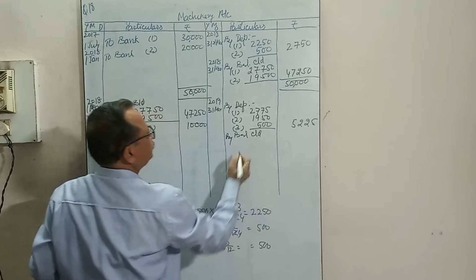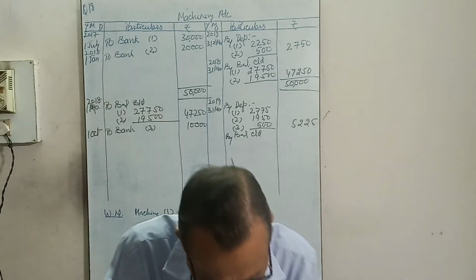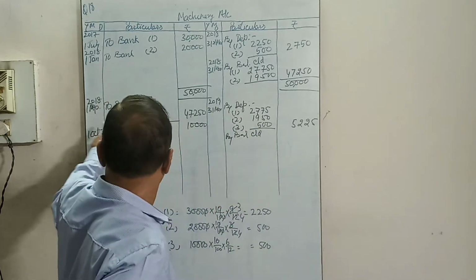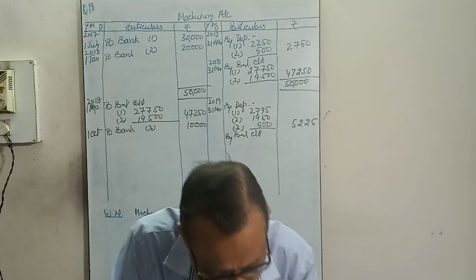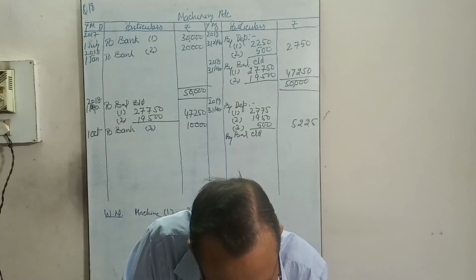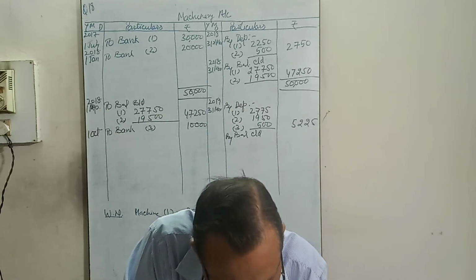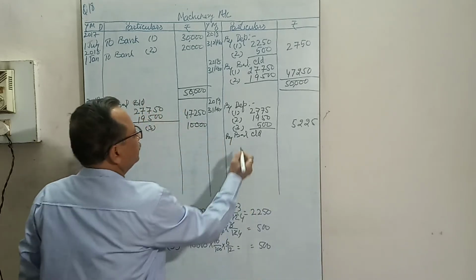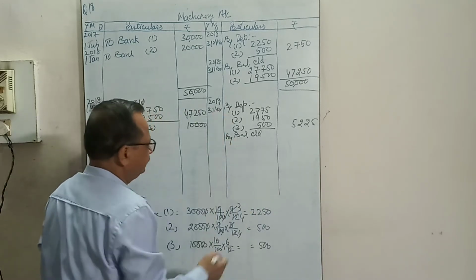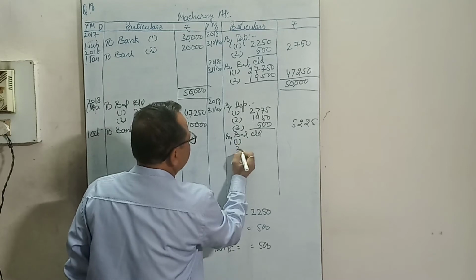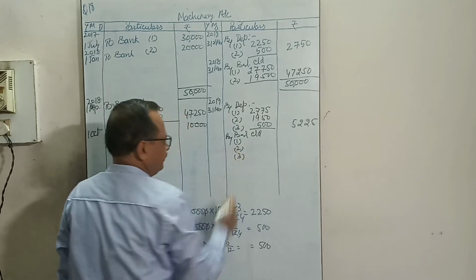Carried down. Deduct it. Machine number 1 balance, machine number 2 balance, machine number 3 balance.